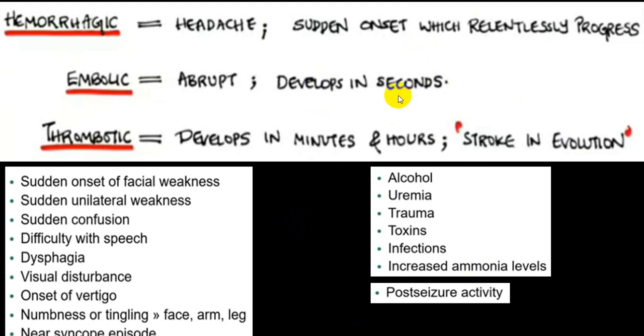Now in hemorrhagic stroke, the classical presentation will be severe headache, vomiting, and sudden onset, which progresses very rapidly. Embolic will be abrupt and develops in seconds, while thrombotic develops in minutes and hours, and it will be stroke in evolution, or we also use the word step ladder pattern.